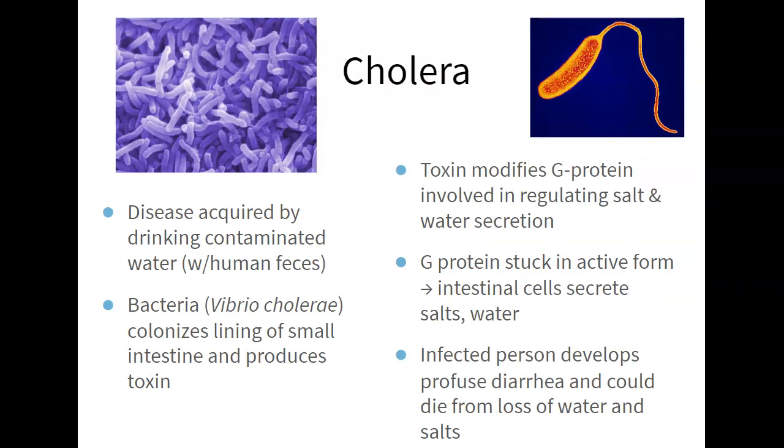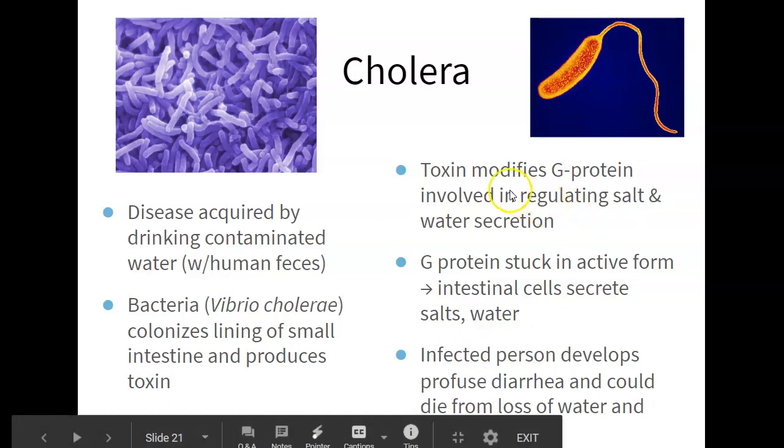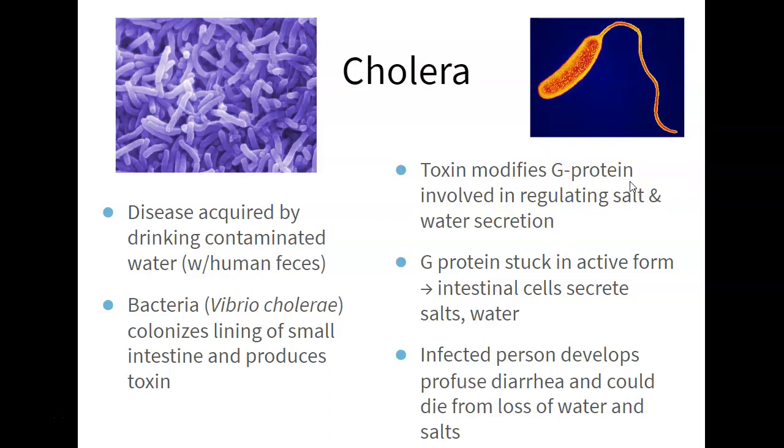So cholera is one example. It's contracted by drinking contaminated water. It's caused by a specific bacteria that likes to live in your small intestine, and it makes a toxin. And why is it so bad? The toxin actually modifies the G protein. So the G protein that sticks to the receptor in G protein coupled receptors, at least the specific one that's involved in salt and water secretion, is modified.